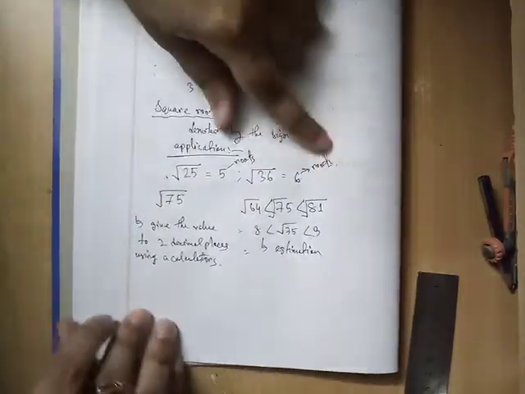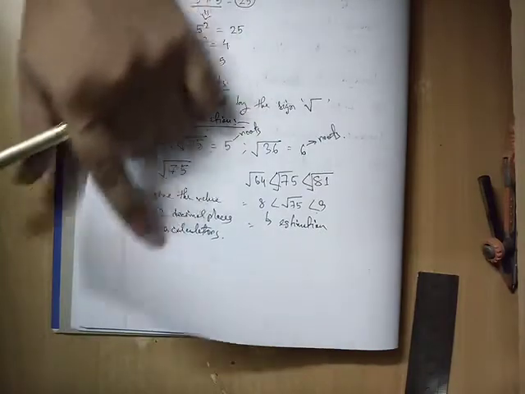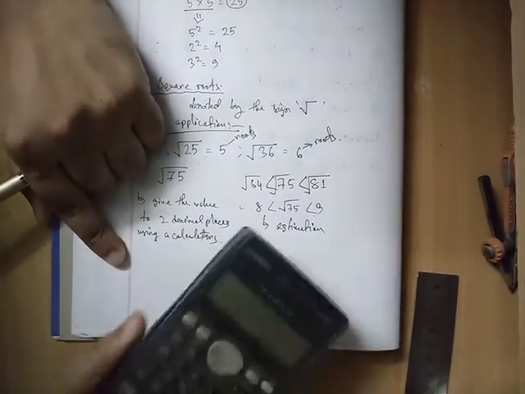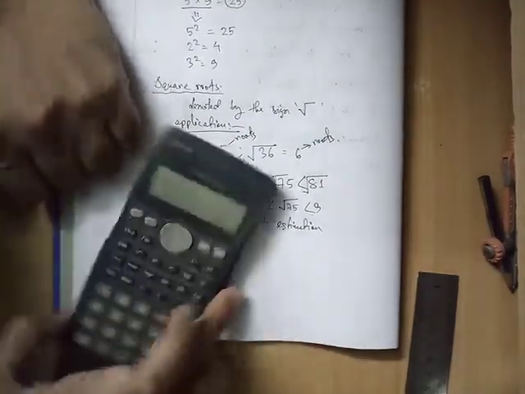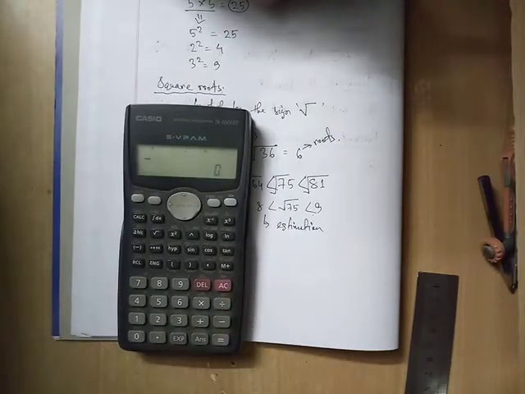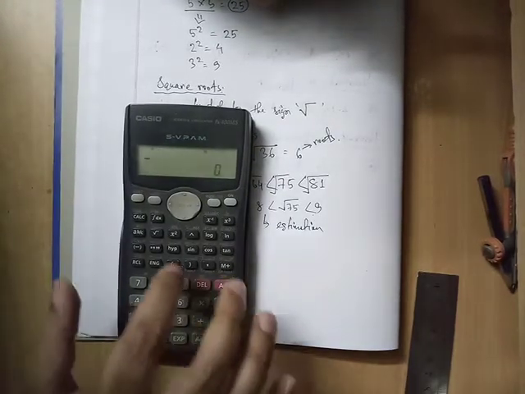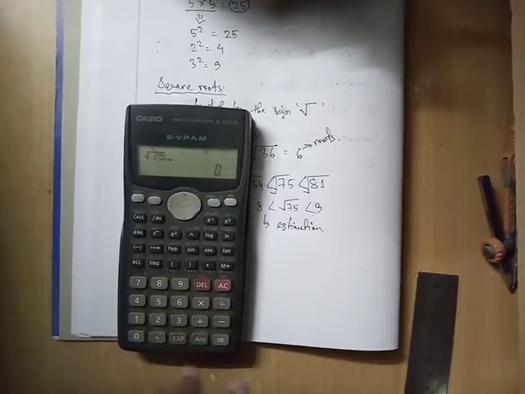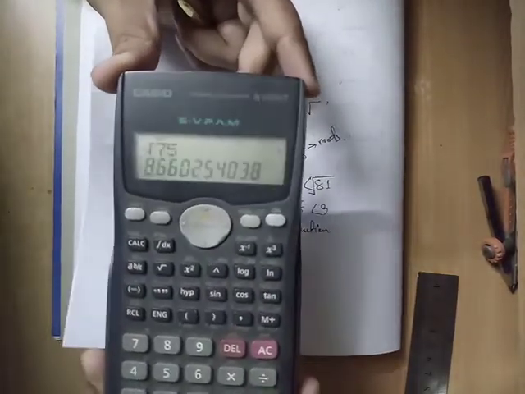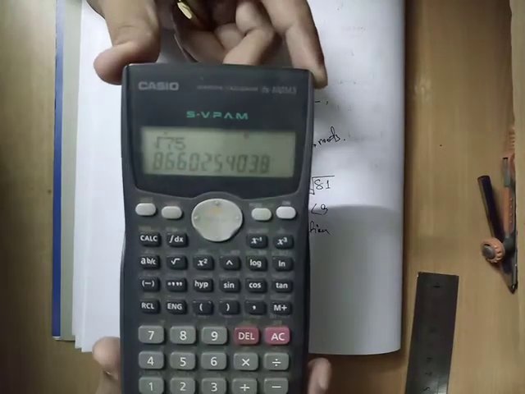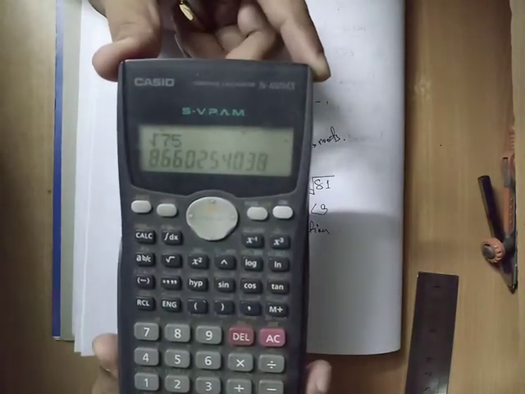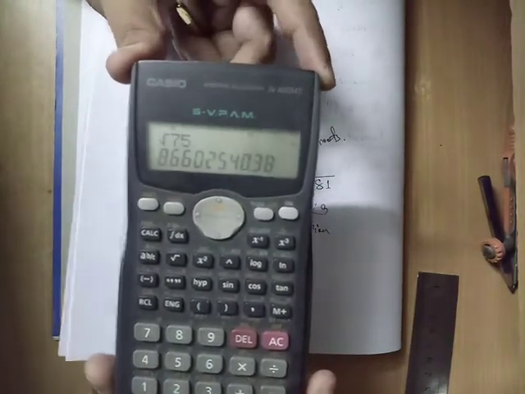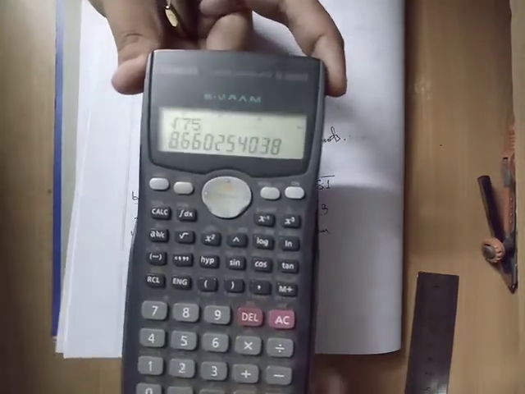So using our calculator, for this you need a scientific calculator. Any basic scientific calculator will do. If we take the square root of 75, it gives us a long decimal number, and it will always give you a decimal number which is not repetitive.